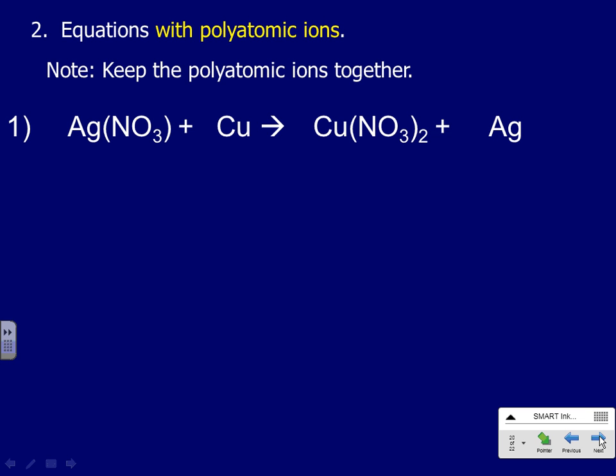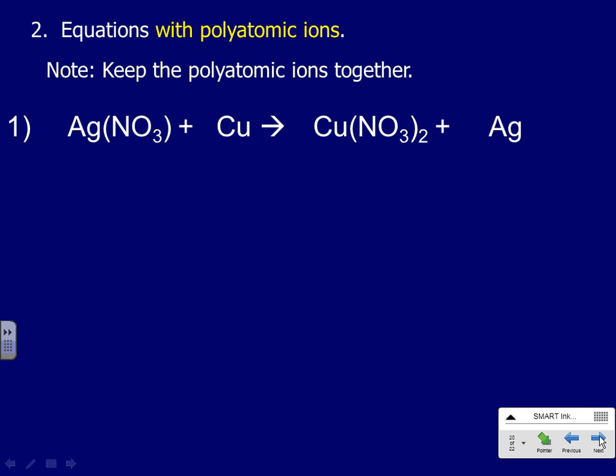It means the nitrate did not break down into its elements like nitrogen and oxygen. If a polyatomic ion does not break down, in other words, there are no N2s or O2s, then treat it as if it's its own element. In other words, balance the nitrates as if it was like balancing an oxygen.